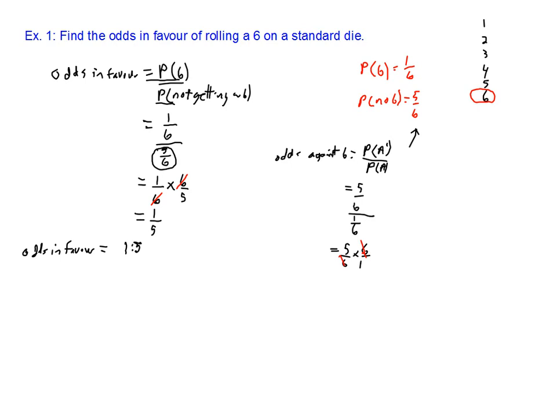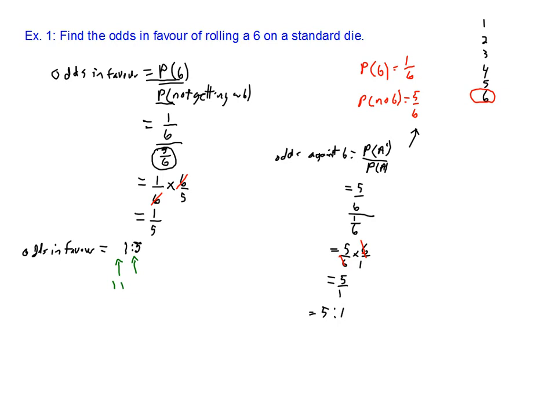Interesting connection here between the odds in favor and the odds against. So the odds against then are 5/1. So you can see here they just switch, right? So that's an interesting thing. The other interesting thing here is that the two values in our ratio, this one plus this one, added together gave us 6.